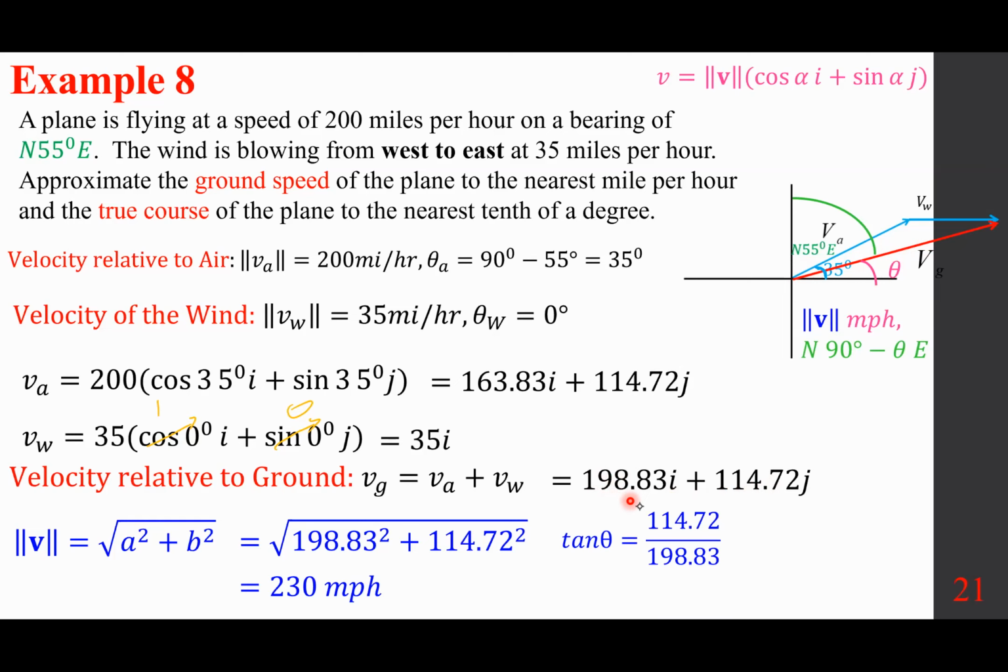Using a calculator, roughly it gives us 30 degrees. We are interested in 90 minus that. So we are doing 230 miles per hour. We are going northeast. What is 90 minus theta? 90 minus 30 is 60. So 230 miles per hour, north 60 degrees east.